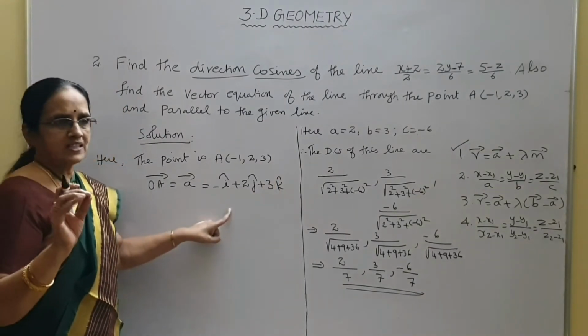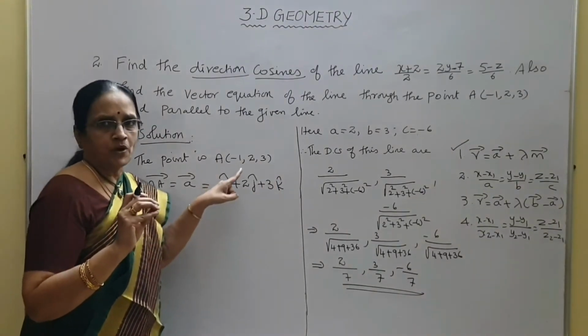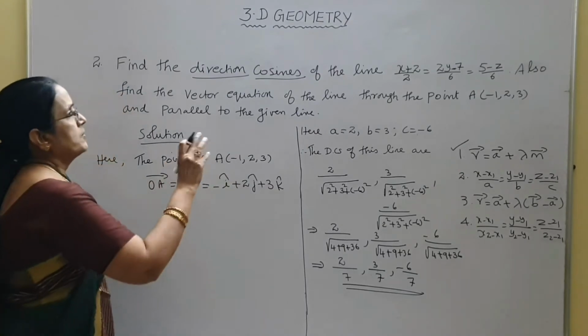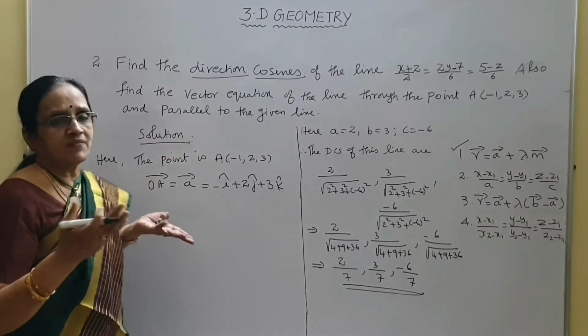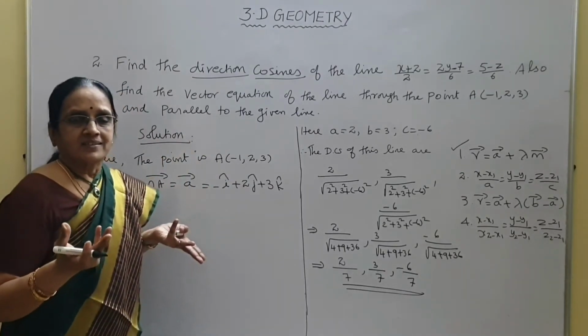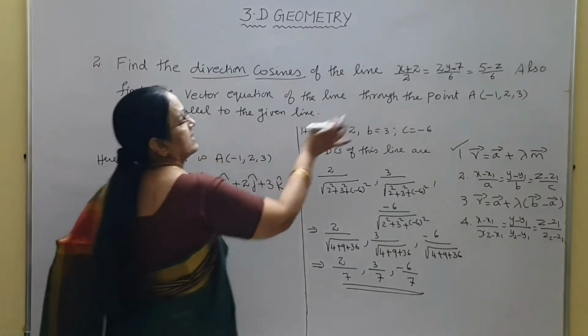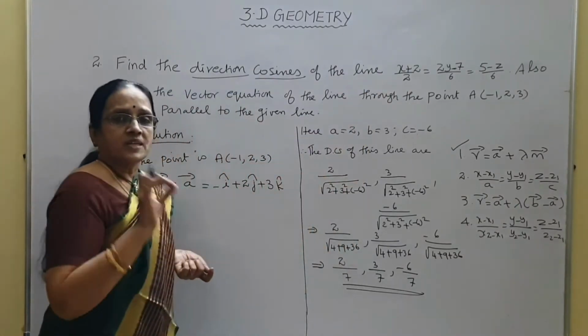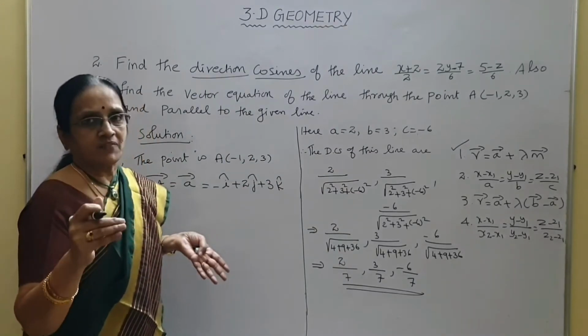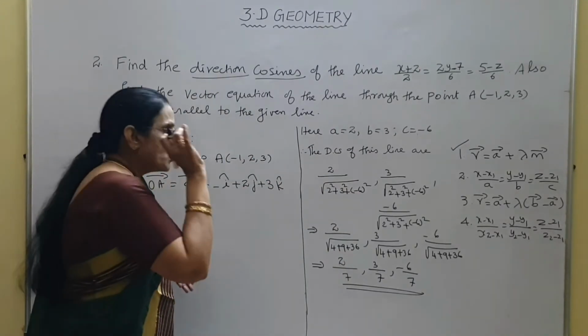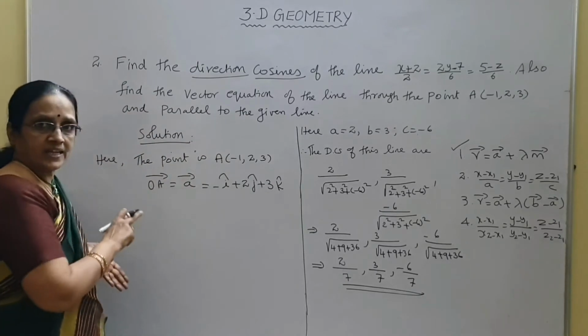This is how we write the position vector of the given point. Okay. Parallel direction is not given straight away. But what is given here? It is parallel to the given line. So M vector is not given to you straight away. You need to write your M vector now.